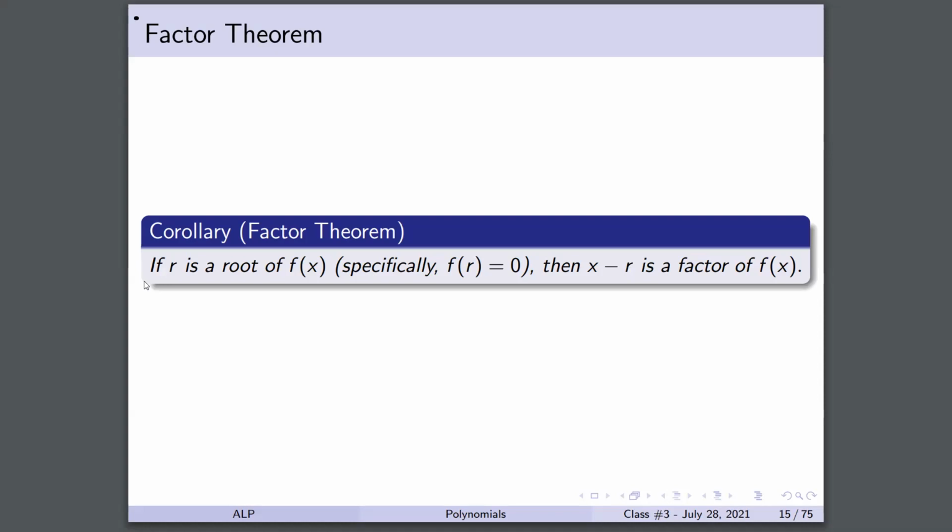Coming out of the remainder theorem is the factor theorem. If r is a root of f of x, specifically f of r equals 0, then x minus r is a factor of f of x.